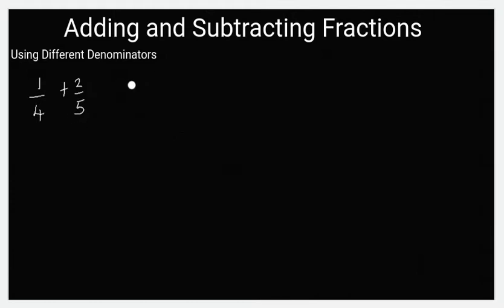So we can find out our multiples. What are the multiples of 4 and 5, your denominators? If you don't know how to find the least common denominator, I suggest you go back to watch the video on the least common denominator, okay? So we'll move on here.